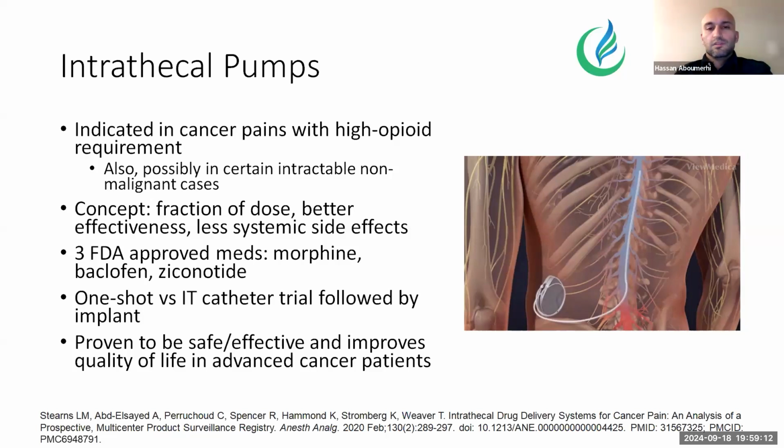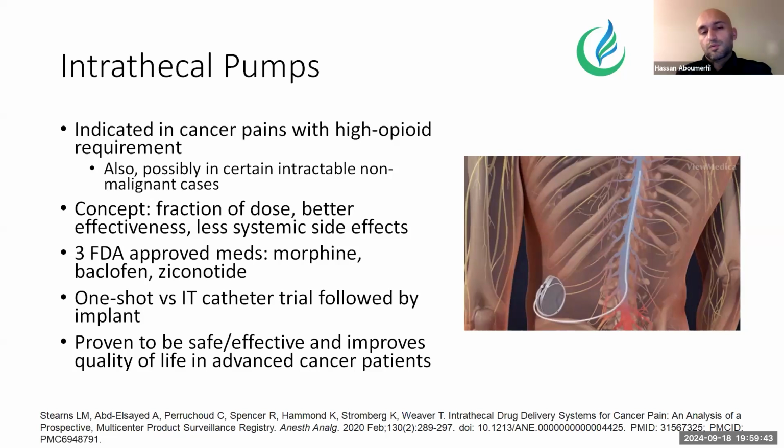These patients are identified very much on a case by case basis, but it's kind of left up to the individual pain physician's clinical judgment. But the concept is you're using a fraction of the opioid dose that the patient would typically take orally, but you're yielding quite potent effects centrally and dealing with less systemic side effects, especially by avoiding the GI tract.